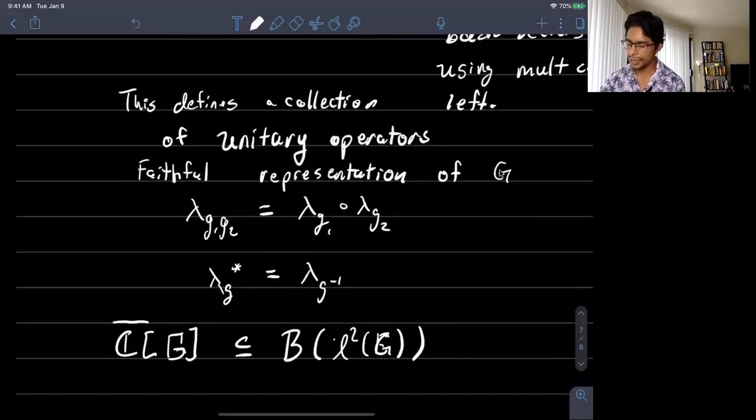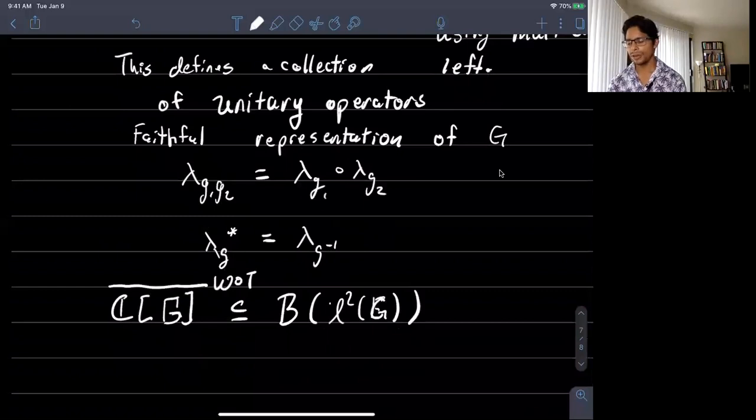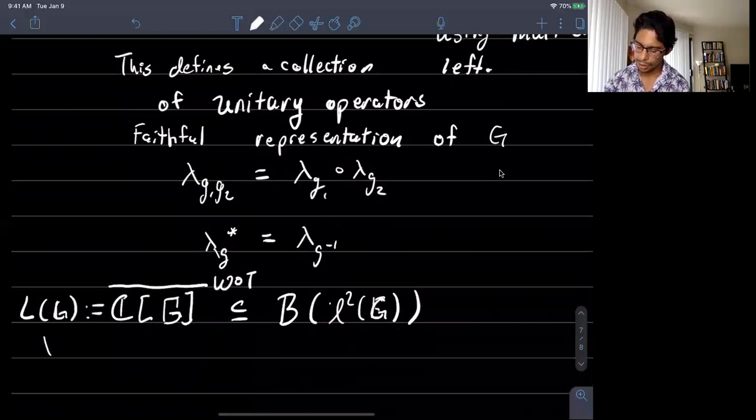You can take that and close that in the weak operator topology. Here, I'm constructing the group ring by looking at sums of these unitaries, right? You're building linear combinations here. This is by definition the group von Neumann algebra.